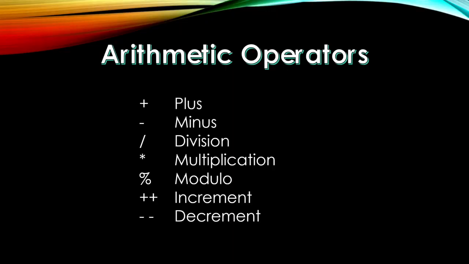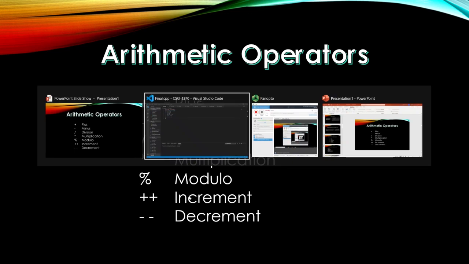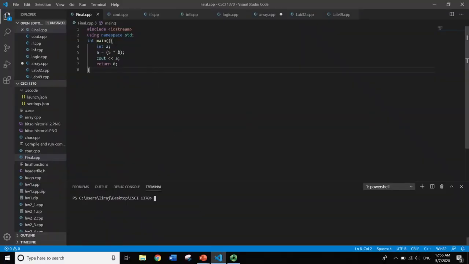The increment and decrement, those two are not regular ones. The increment, what it does is that you can periodically increment the value of the variable. So let's say we're initializing the variable and declaring it to 5.